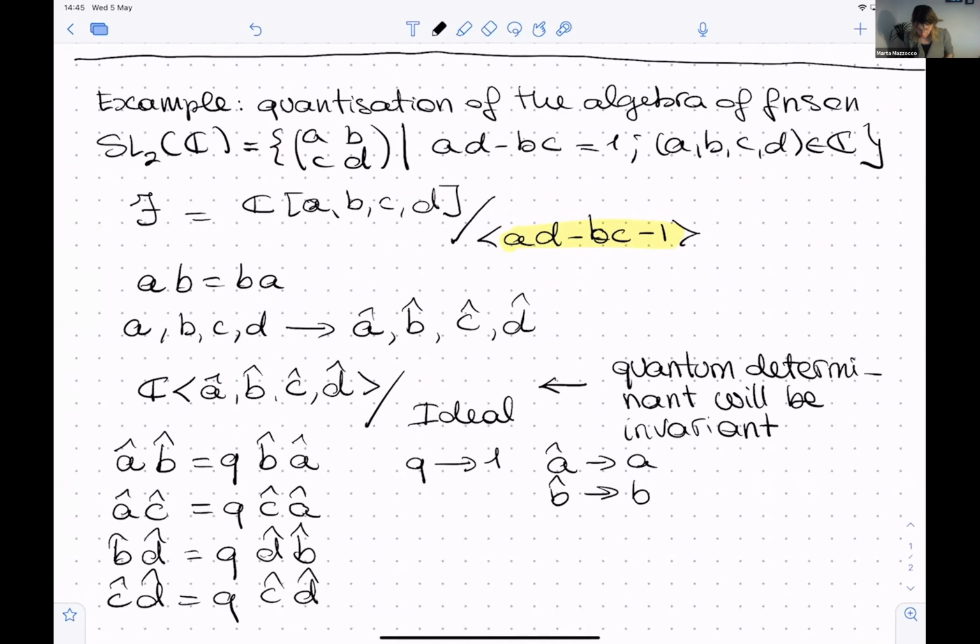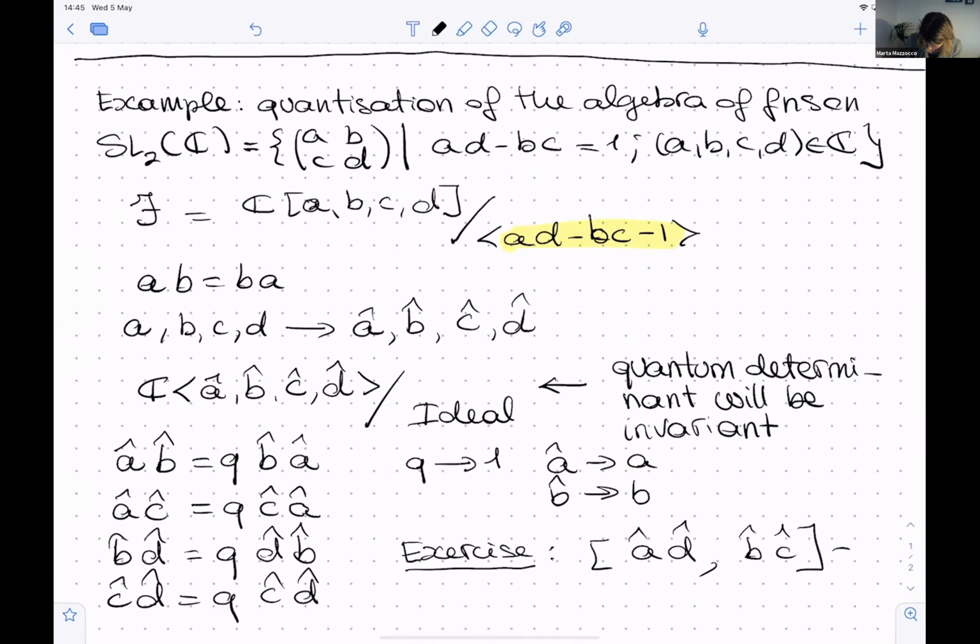Okay, so far so good. If we do this, we immediately see, and you can do this as an exercise, that if you take AD and you do the commutator with BC, they commute. It's very simple. You just use the relations that I wrote there.